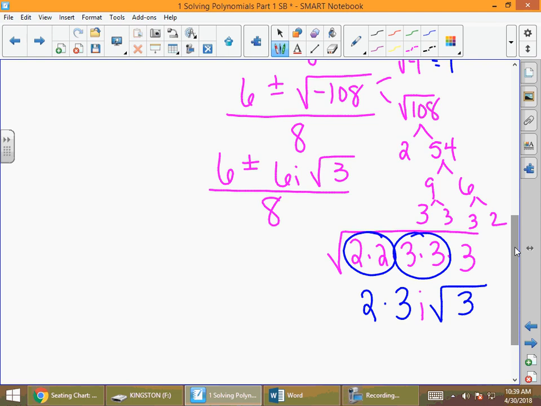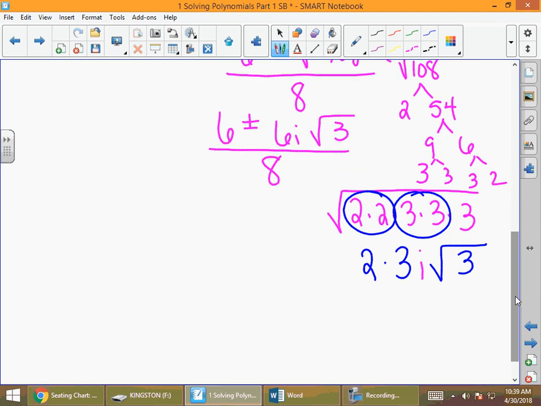When we simplify this, and we can, 6 and 6i and 8 are all even numbers. So if we divide 6 by 2, we get 3. If we divide 6i by 2, we get 3i. And if we divide 8 by 2, we get 4. Once again, if you prefer, you can write that as your final two solutions.